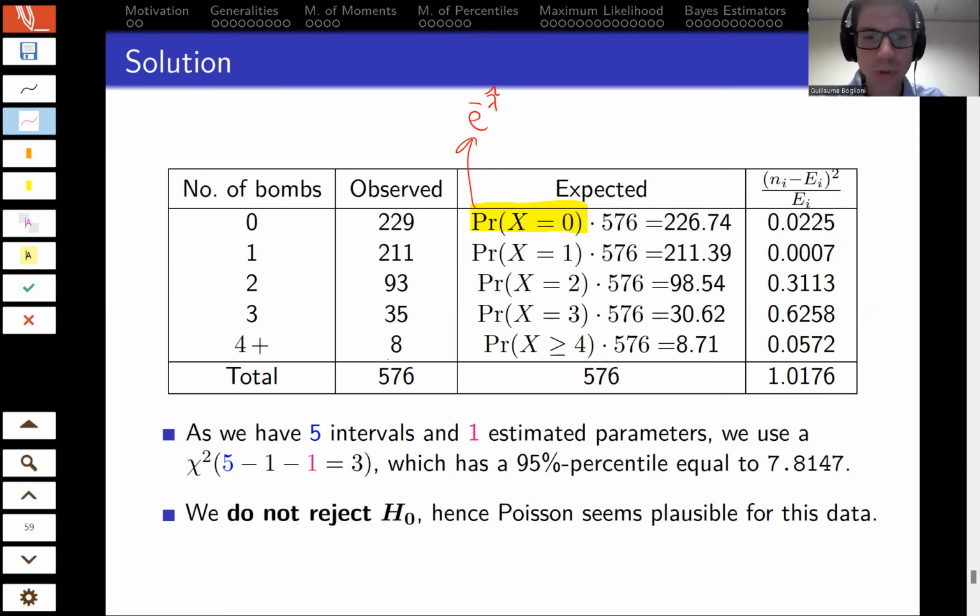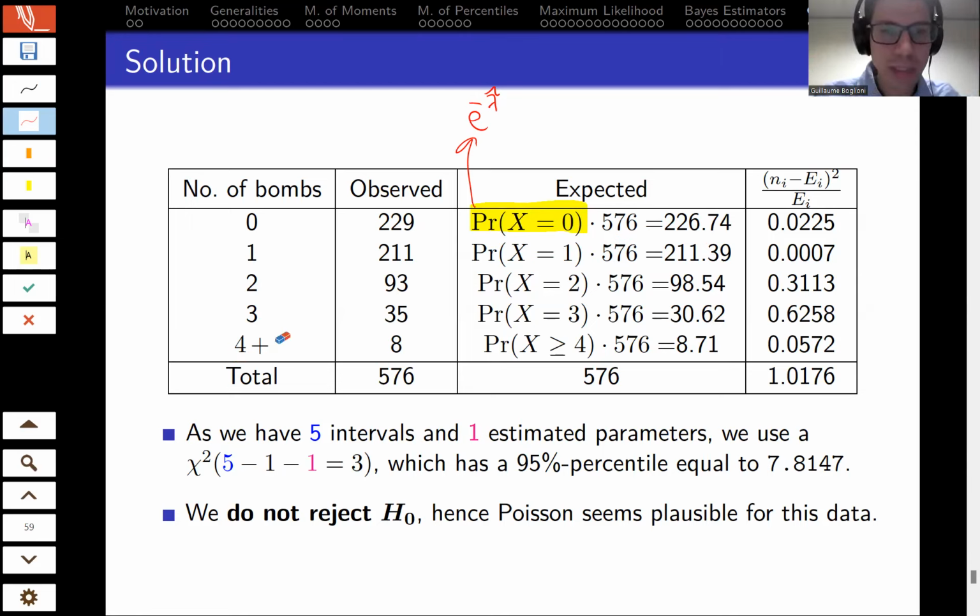You get this. The point here is that if you get to 3, there's still a relatively large number, 30. But then for 4, 5, 6, the numbers get very small. So for the last interval, you just group everything that's 4 and above.